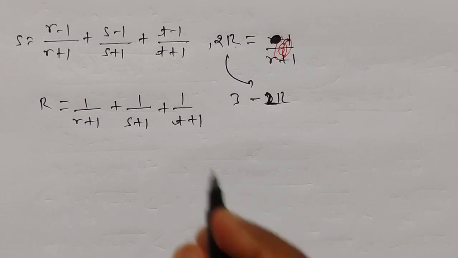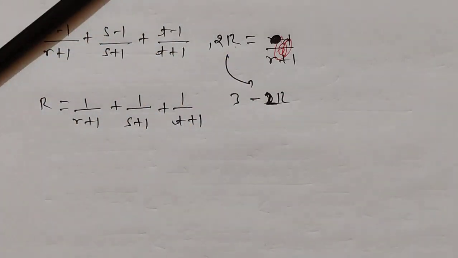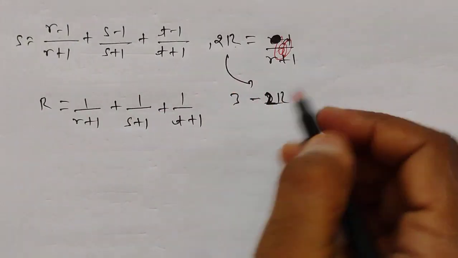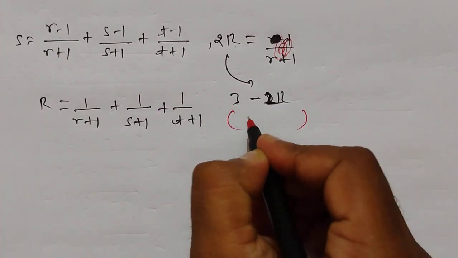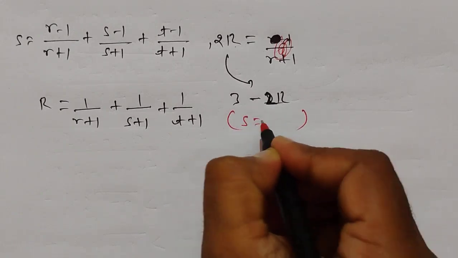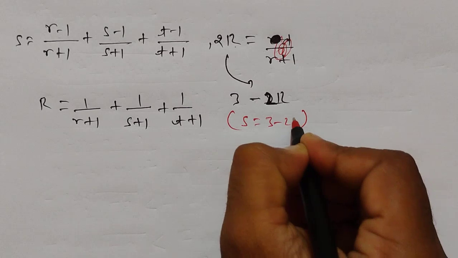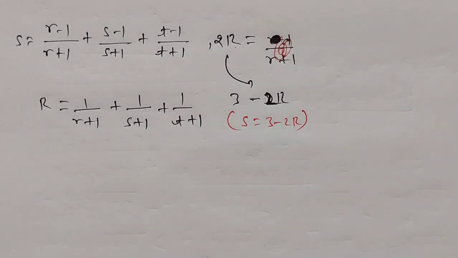One thing is important to see here: we are using S equal to 3 minus twice that sum.